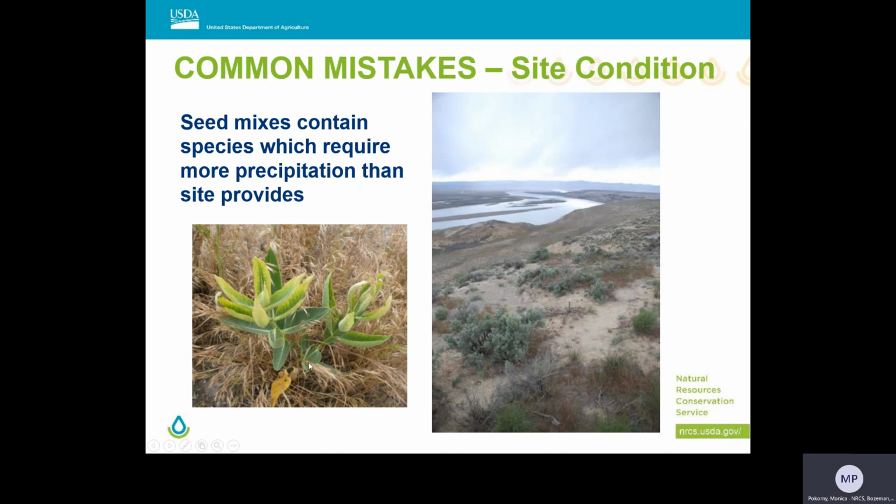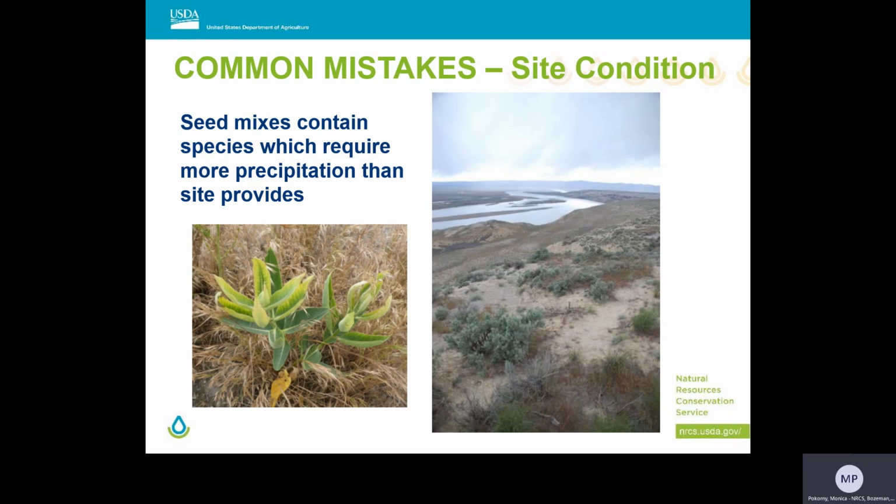And this is another example of picking a species that might not be appropriate for not just a precip zone, but the soil moisture and the moisture profile. And this is a picture of showy milkweed, and we seeded it on a site where they wanted to improve the monarch butterfly habitat. And milkweed was present throughout the property.